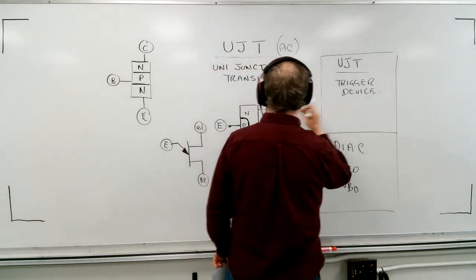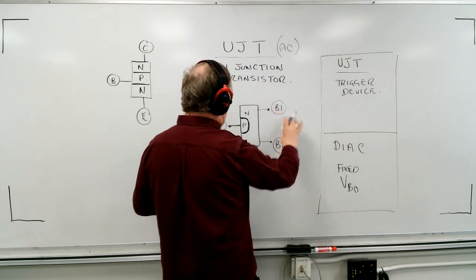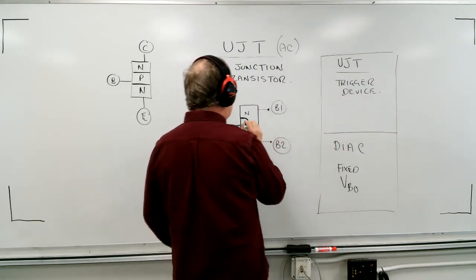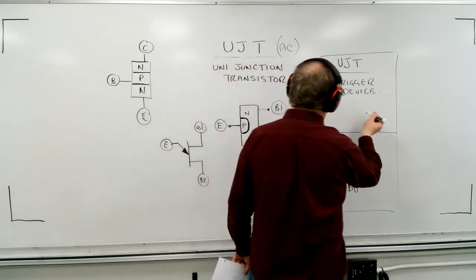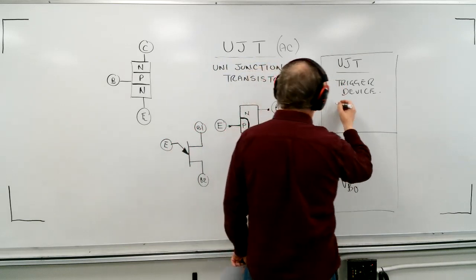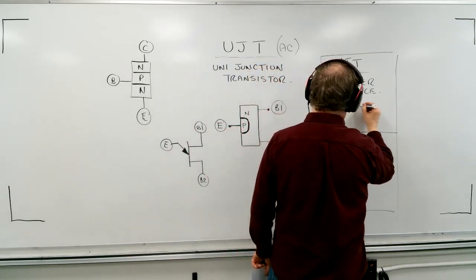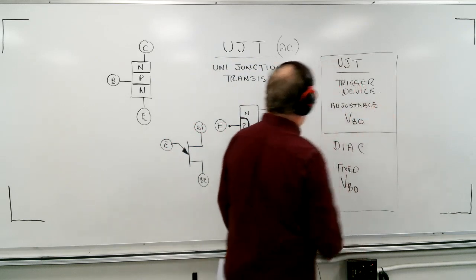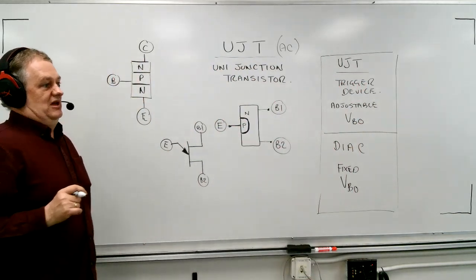This one, because of this interesting circuit, you can hook this up, get a couple of resistors, and compare their values. I'm not even going to go into the circuit for this. I'm not concerned that you know how the circuit's hooked up, but what I do want you to know is that this one has an adjustable voltage breakover. So the UJT's breakover voltage can literally be adjusted.